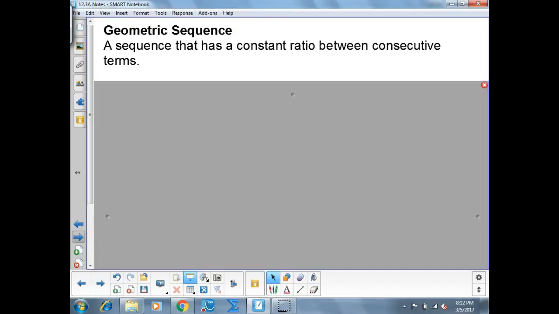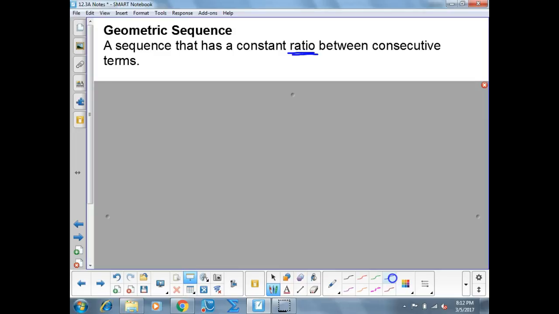A geometric sequence is a sequence that has a constant ratio. Last time it was a constant difference. This time we're talking about a constant ratio between consecutive terms.